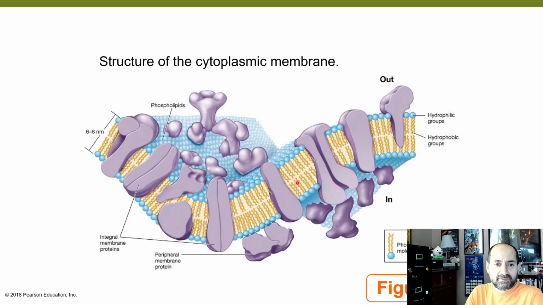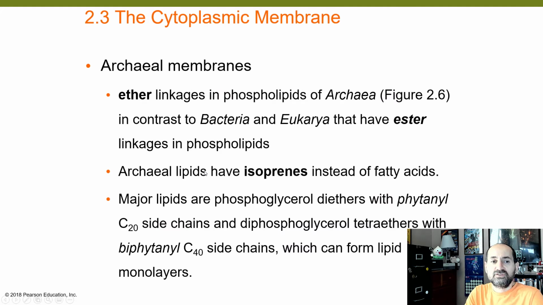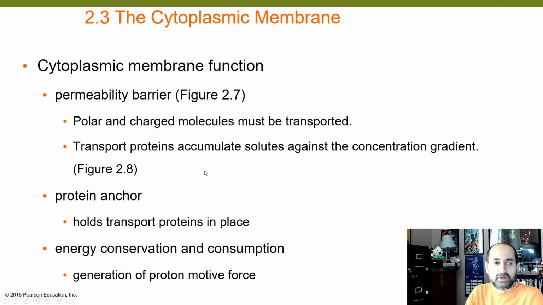Because the plasma membrane is nonpolar, polar and charged molecules cannot simply cross the bilayer; they need to be transported through a transporter. So only small nonpolar molecules can cross the lipid bilayer. Polar or charged molecules need a transporter in order to cross the membrane.